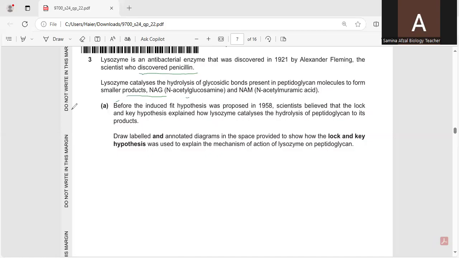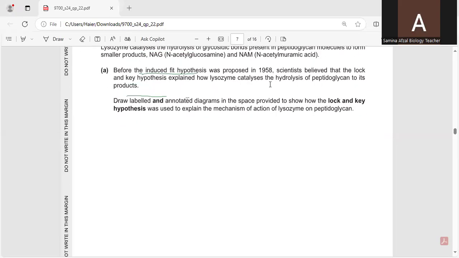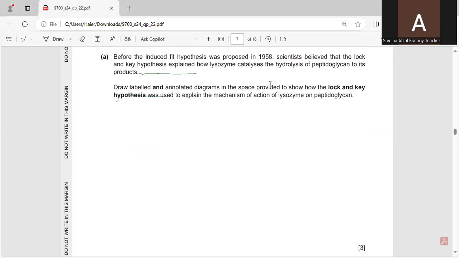Before the induced fit hypothesis was produced in 1958, scientists believed that the lock and key hypothesis explained how lysosome catalyzes the hydrolysis of peptidoglycan to its products. Draw labeled and annotated diagrams in the space provided to show how the lock and key hypothesis was used to explain the mechanism of action of lysosome on peptidoglycan.